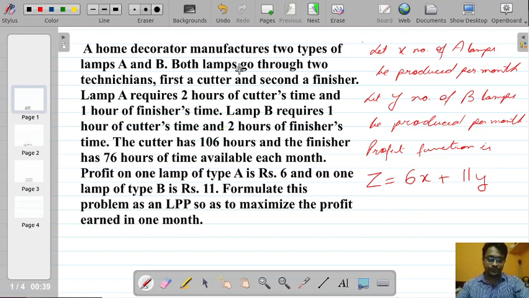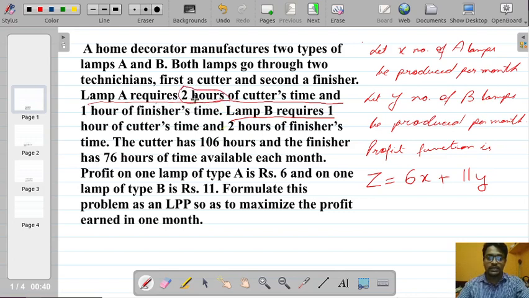Okay, next we need to look for some restrictions. So here we have this restriction: lamp A requires 2 hours of cutter's time and 1 hour of finisher's time, and lamp B requires 1 hour of cutter's time. Okay, so if we manufacture x units of lamp A, then how many hours of cutter's time is required?